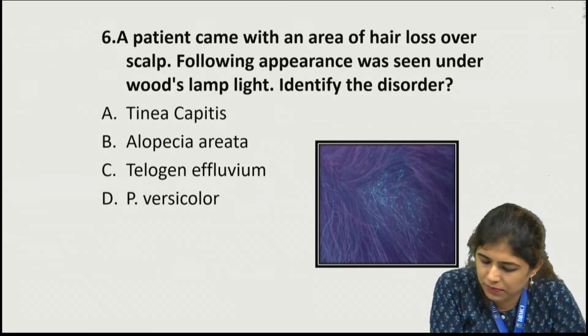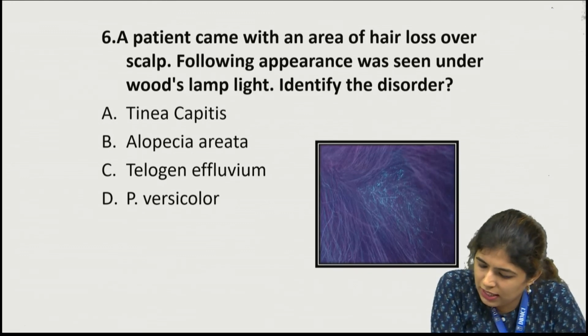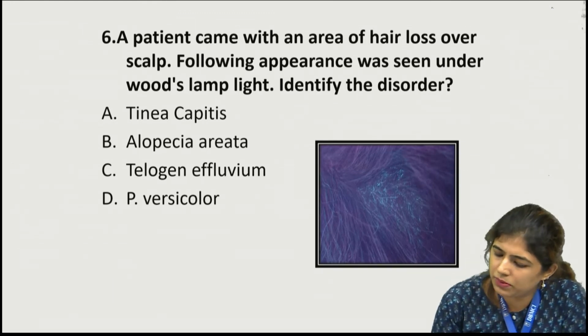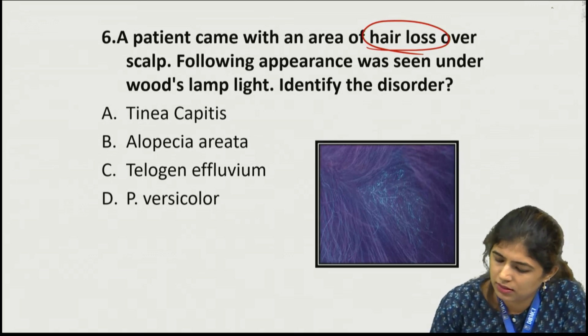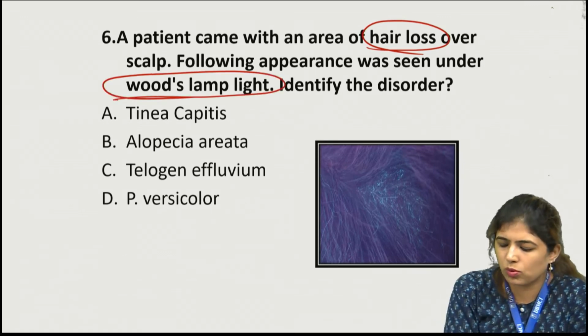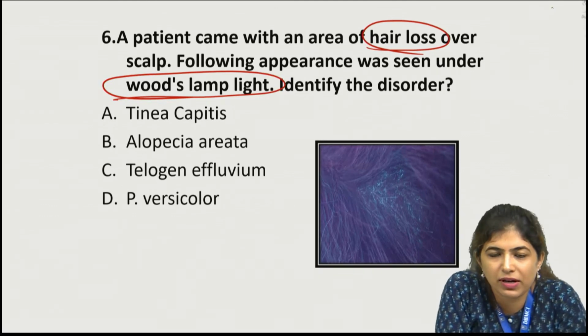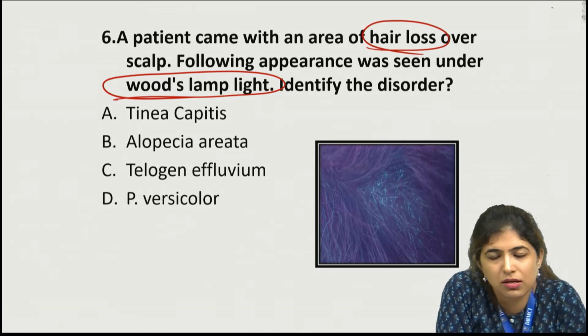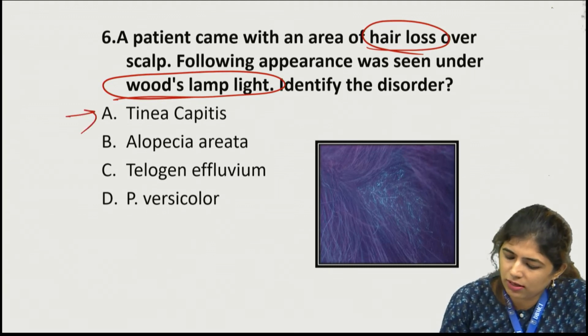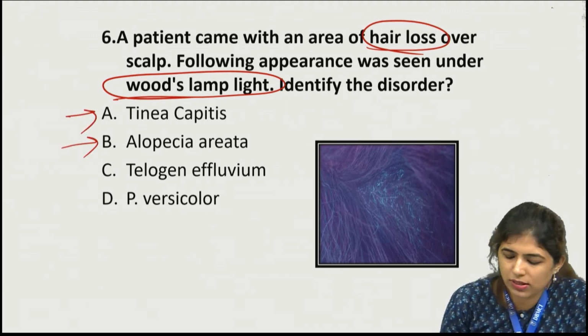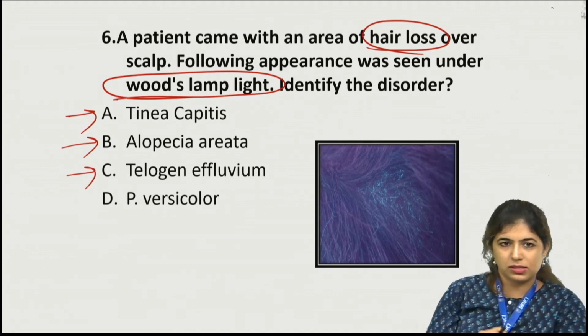Next question. A patient came with an area of hair loss over the scalp. So this is an area of hair loss. You see something positive in the Woods lamp. Identify the disorder. For this you need to know what are the things that are positive in the Woods lamp, because this can also cause hair loss, this can also cause hair loss, and this can also cause hair loss.